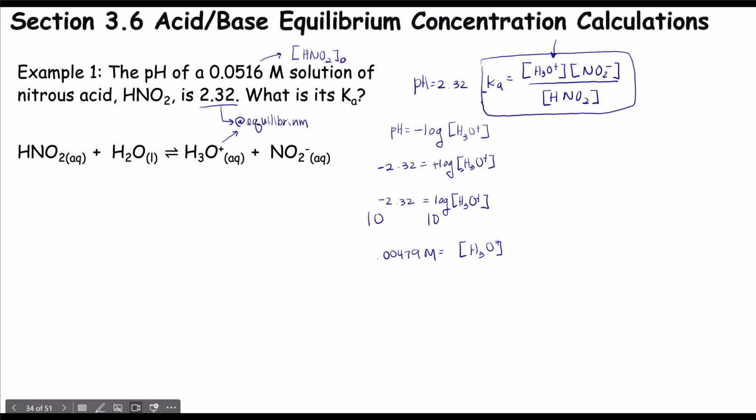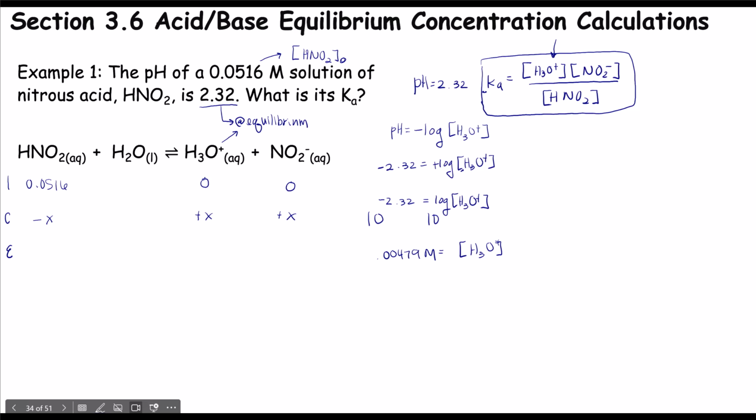So we now have the concentration of hydronium ion, but we need to find the rest. Well, let's do an ICE table here. Initially, we have the nitrous acid being 0.0516 molarity. There are no products, at least not yet. As time passes, there's a change, or C, where C represents change, and that change would be minus X and plus X for these guys, because that's how much has been produced, since this is all a 1:1:1 ratio.